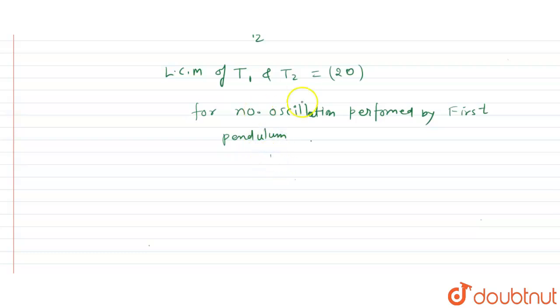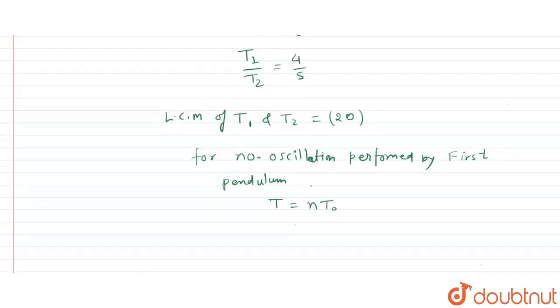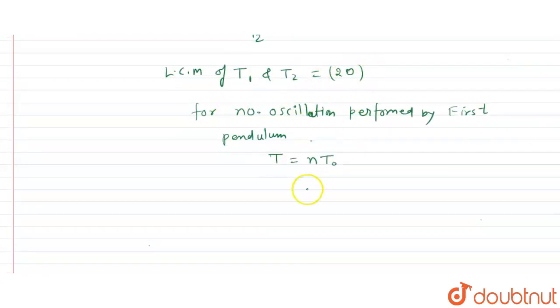So this common time T will be equal to N T naught, where T naught is T1. Here we have the common time period, that is 20, equal to N times T1, and T1 is 4.